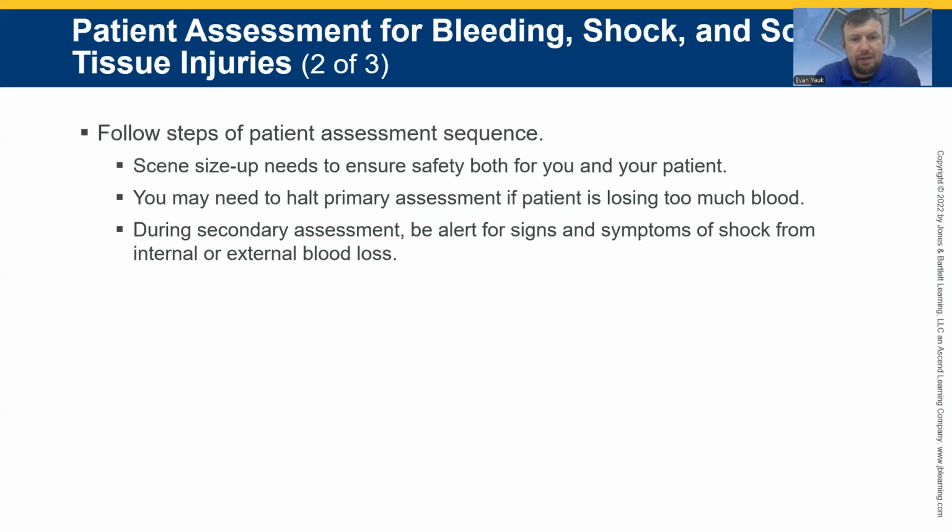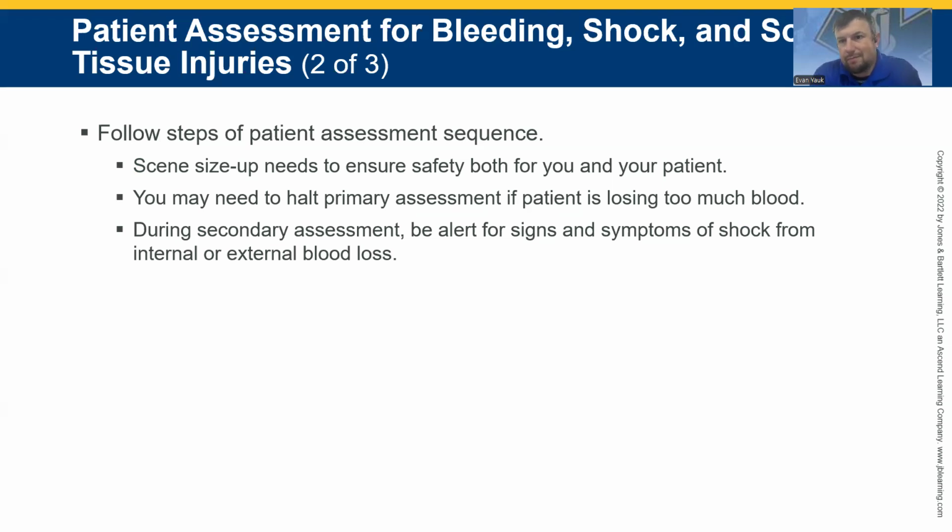You may need to halt the primary assessment if the patient is losing too much blood. So this is where we change the ABCs and we go CAB. If we're severely bleeding, that's considered circulation. So it's CAB: stop the bleed, then worry about the airway and the breathing.